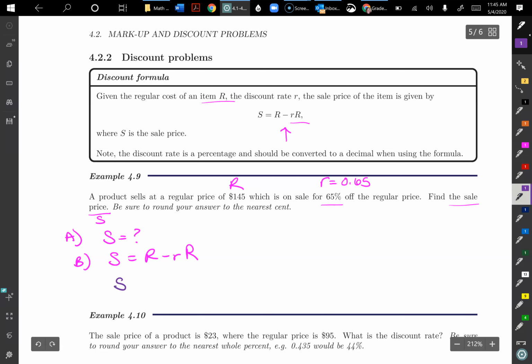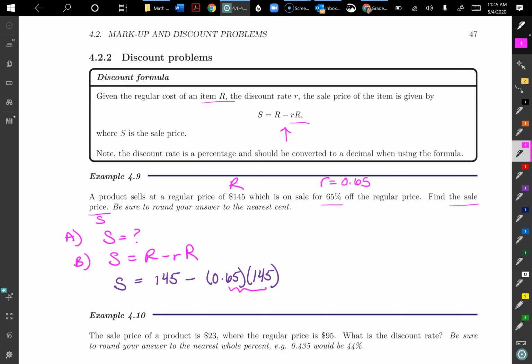S I don't know, so I just leave it as S. R I was given as 145. Little r is given as 0.65. And big R again is 145. Then I go ahead and calculate this.